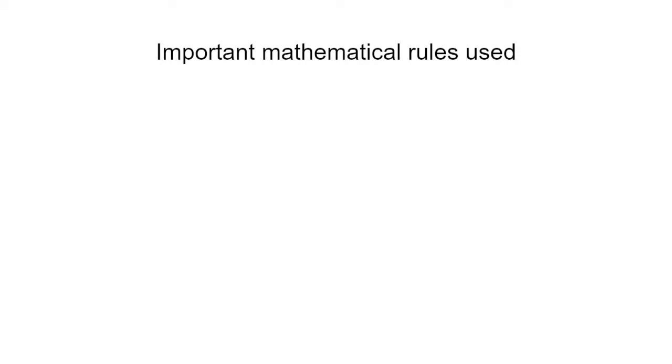So we need to talk about some rules that we are going to use in this video. The first rule is that a number can be written as 1 times that number. In this video, that number can also be the unit vector here. The second rule is that a number raised to the 0th power is equal to 1.